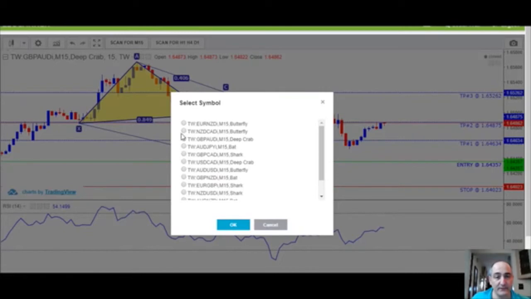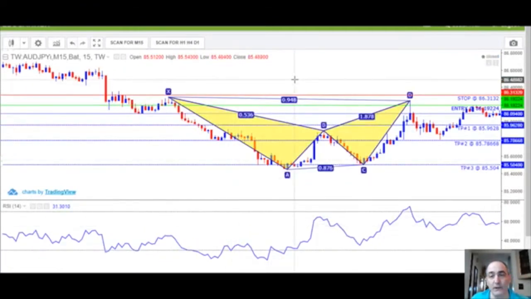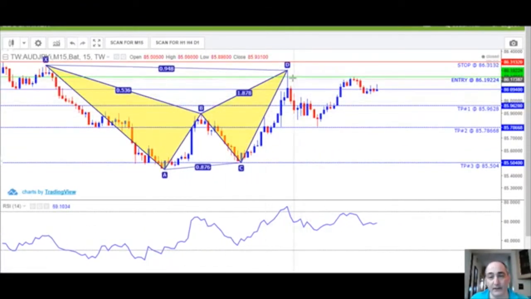If I get a 50 pip gain, I'm usually going to get out of the trade. So let's go to the next example, which is AUDJPY. As you see here, this goes up into the entry area, but it closes down below it. So again, this candle here is the one that goes up into the entry area.